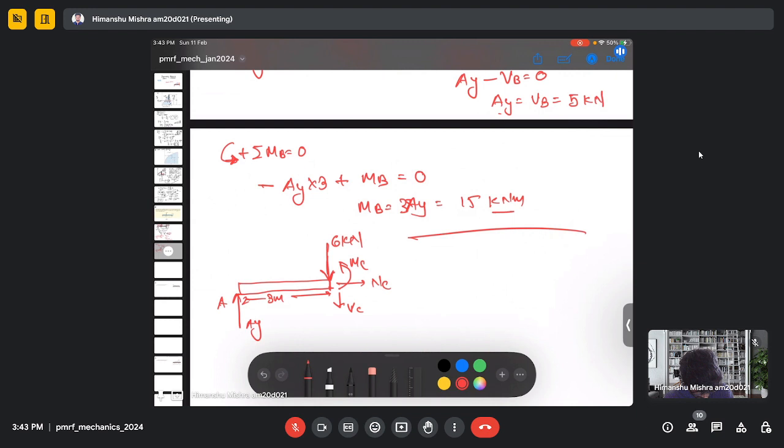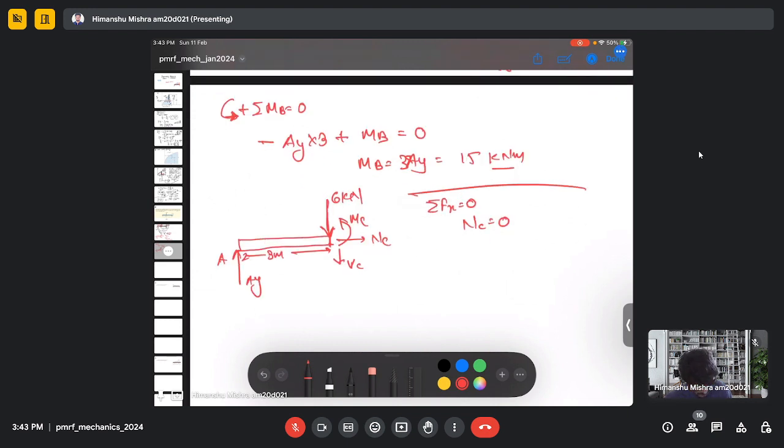So now if we do the force balance, Fx equal to 0, which will give NC as 0. Now force balance in the y direction will be Ay minus 6 minus Vc equal to 0.